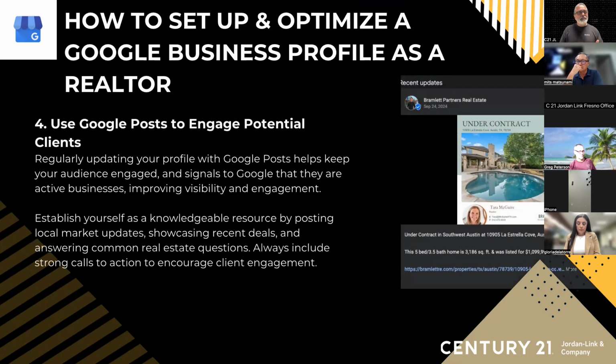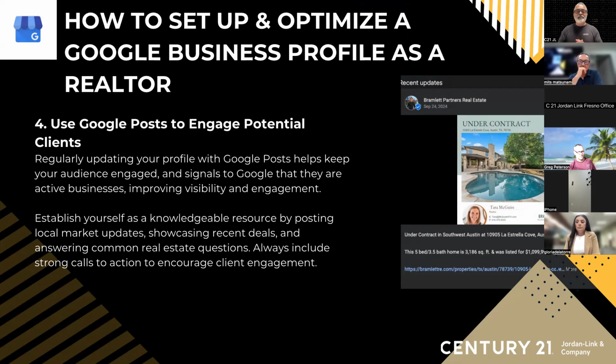You also want to make sure that you're updating your posts regularly, because you want to sound like you're active, like the image shows under contract. This agent posted an under contract image. A lot of you create under contract, just listed, just sold marketing material and post it on Instagram or Facebook.